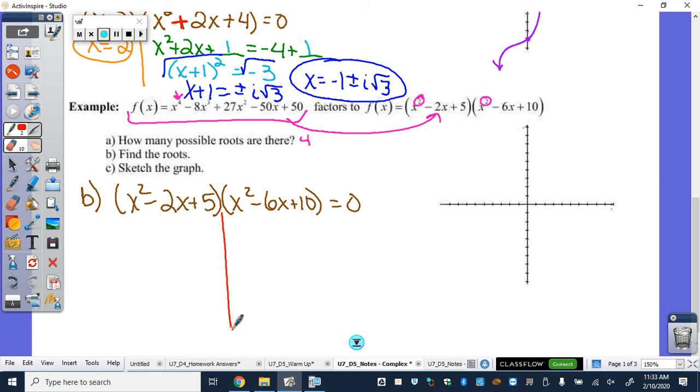So our first trinomial, is that factorable again? Nope. So I'm going to go with completing the square. So what number is going to go in our space? 1.